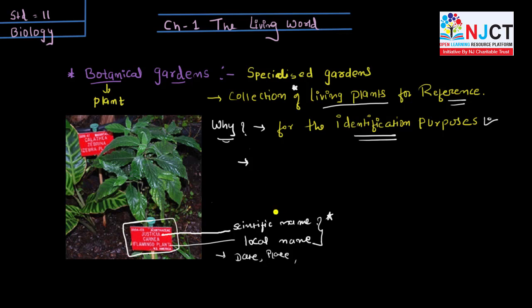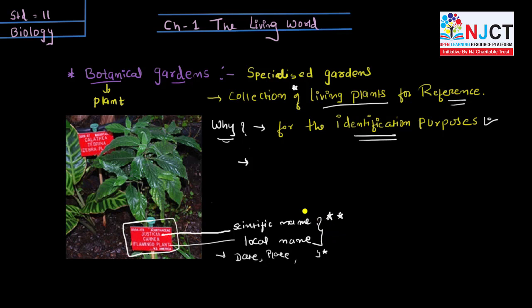For example, the tea plant you are going to see in Kerala and all. They are going to write that also, and all the other information, like whether they use this plant for medical purpose or food purpose, etc. But these are not that compulsory. These two things are compulsory here. So this is how botanical gardens are.